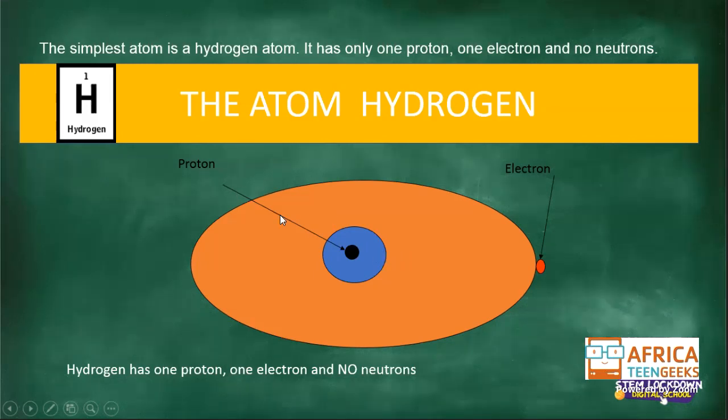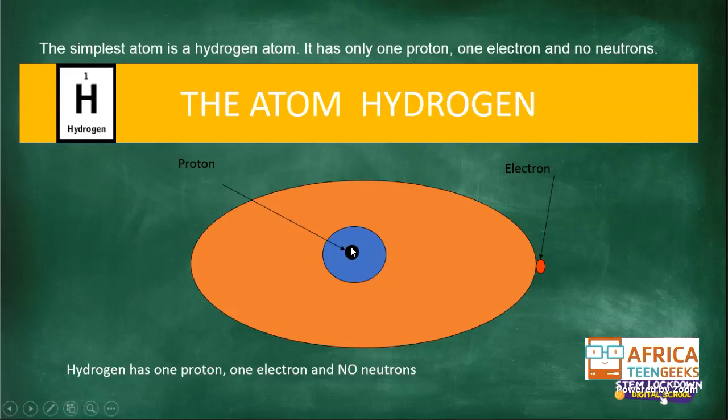So look at this proton here, there's one in the nucleus, and then look at the electron on the outer energy level. Can you see that orange one? So this proton and this electron, they move in harmony. As the electron orbits, it's orbiting exactly in harmony with the specific proton.